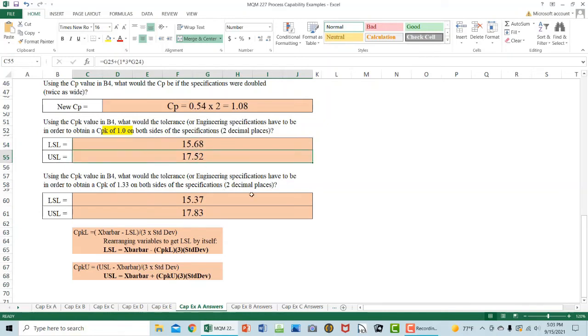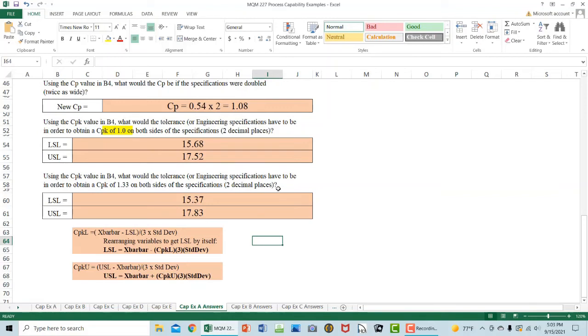Now, this is something I've added. It's not in the current exam sample, but I may choose to include it on the actual group exam, so be prepared. Using the CPK value, what would the tolerance or engineering specifications have to be in order to obtain a CPK of 1.33 on both sides of the specifications, to 2 decimal places?